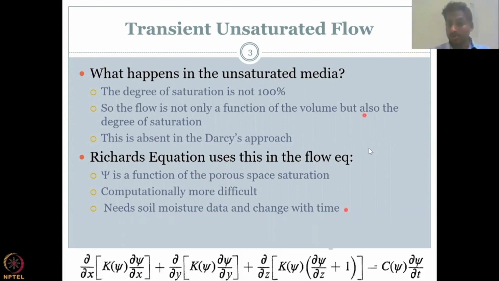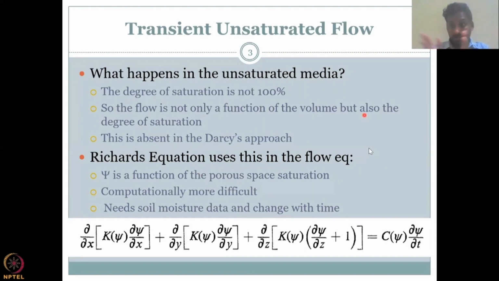The derivation of the equation would not be discussed here, but if you could look at it, initially the K was only a function of X, Y, and Z, which is the plane. But here the K is also a function, because here you can see that it is within the X domain, this is in the Y domain, this is in the Z domain. So this is technically KX, KY, KZ. But you also have a psi function.